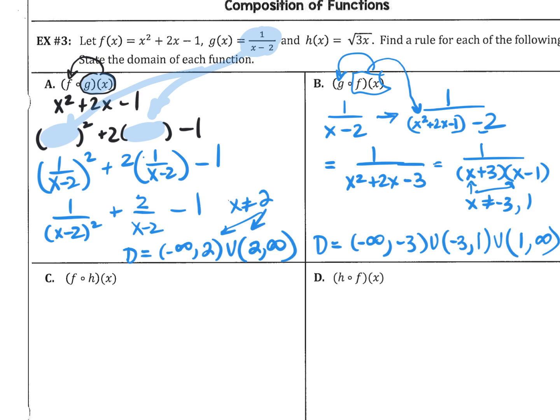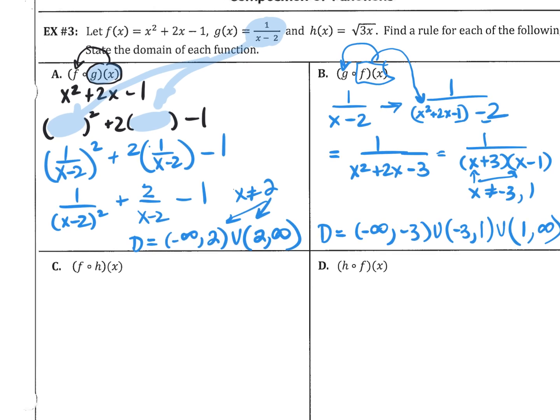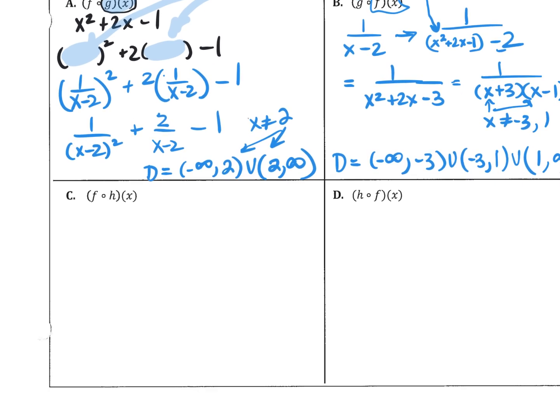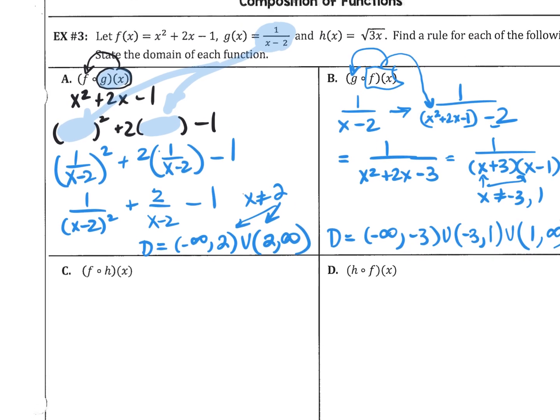Why don't you try very quickly, before we move on, why don't you try f of h? So you're going to take h of x and plug it into f. So rewrite f, leaving your parentheses, and then plug h in.